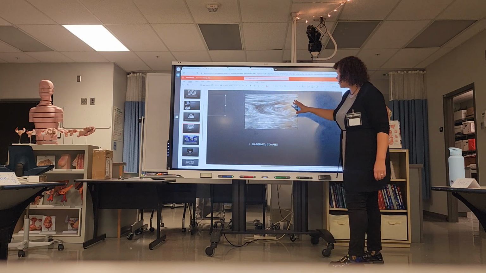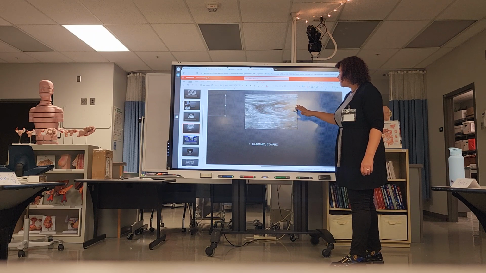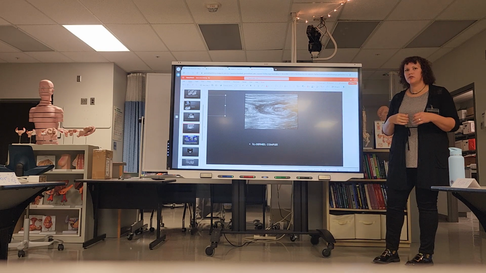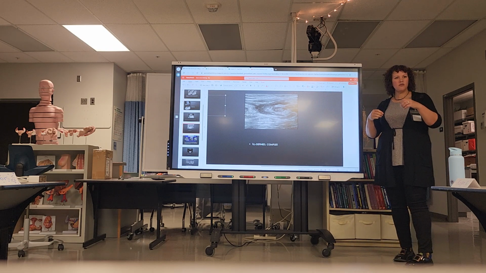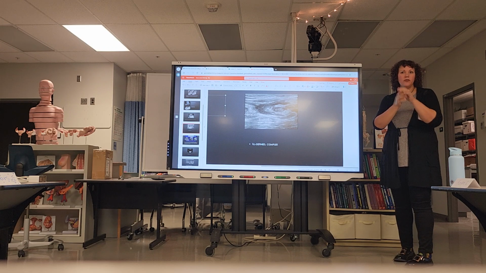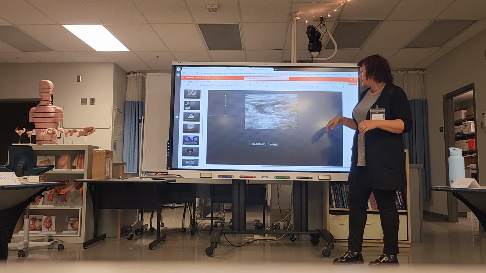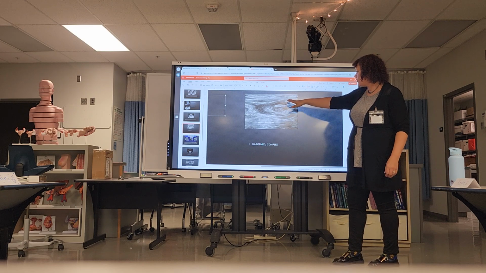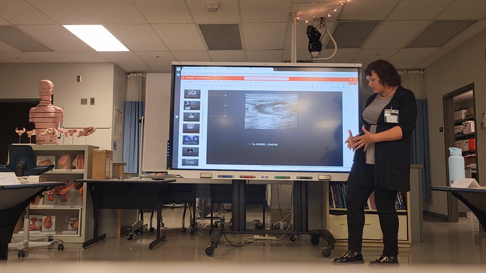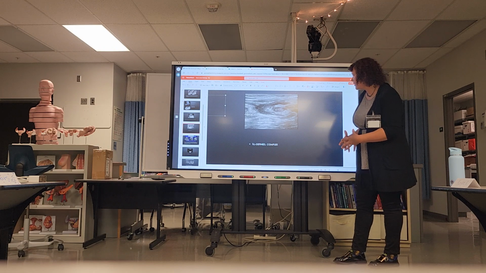All right, so right here we have a fluid collection, and free fluid in the body is pathology. Fluid should be in something. We should never have fluid just floating around. What happened here was appendicitis that ruptured, and now we have infected fluid in the cavity.